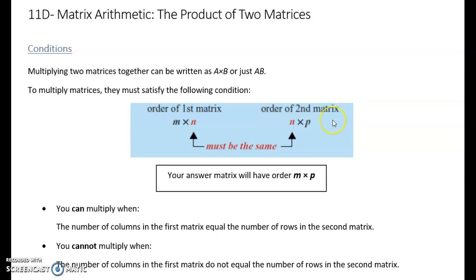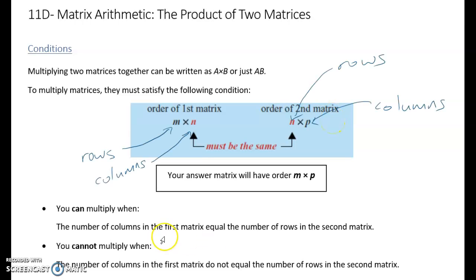That's a condition that must be followed. Now, if these two numbers aren't the same, where n is written, it means you can't multiply these two matrices together. When you do this, you will find that the rows of the first matrix and the column of the second matrix will give you your answer matrix.